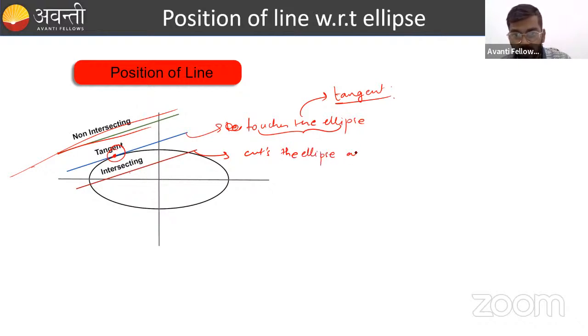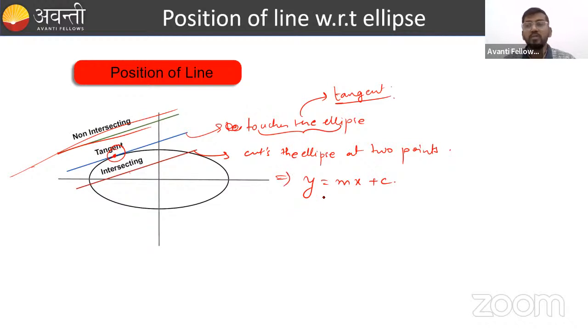Cuts the ellipse at 2 points. Now, for the condition, consider this line to be y equals mx plus c, right?